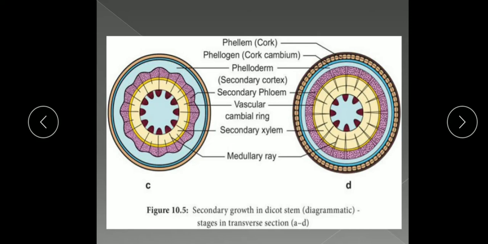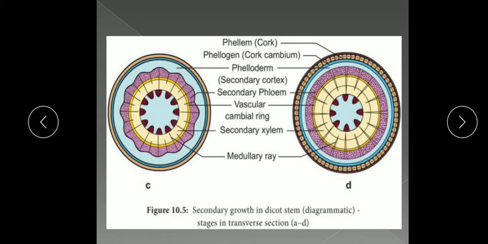So students, due to this, what are the changes taking place in the stem? On that basis, we will study the types of wood, that is heartwood and sapwood. As I said earlier, the secondary growth takes place in the stem in the woody plants.